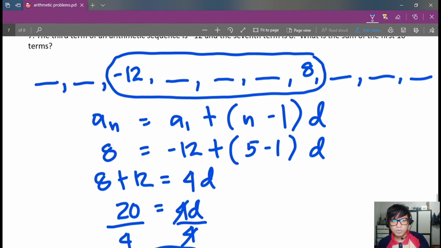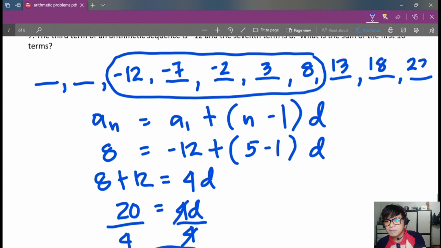So the negative 12 plus 5 is negative 7. Negative 7 plus 5 is negative 2. Negative 2 plus 5 is 3. 3 plus 5 is 8. 8 plus 5 is 13. 13 plus 5 is 18. 18 plus 5 is 23.